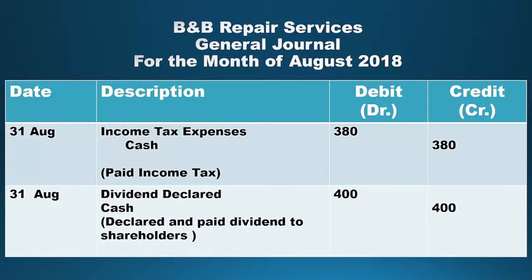The journal entries for these transactions were, for the income tax payment, debit income tax expense, $380. Credit cash, $380. For the dividends, debit dividends declared, $400. Credit cash, $400. We'll need to post these amounts to the income tax expense, dividends declared, and cash ledgers.